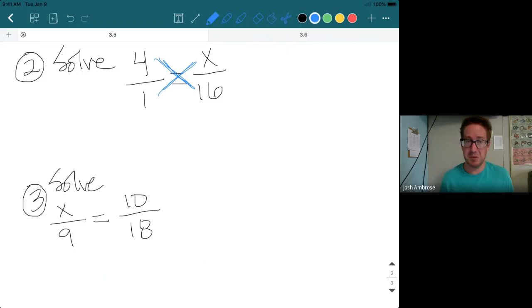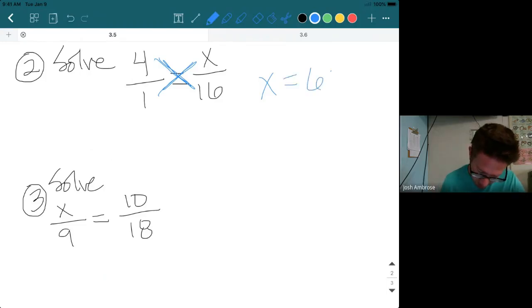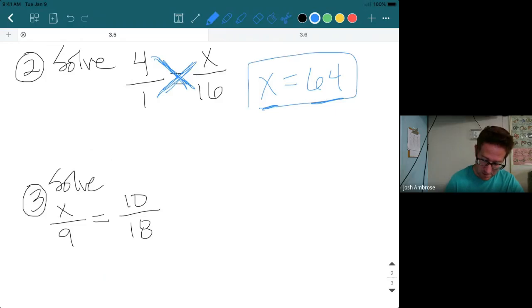It's a great first problem to have, because 1 times x is just x. And what is 4 times 16? Let's see, 4 times 6, and then we bring that over. That's going to be 64. So 1 times x gives you x. 4 times 16 gave us the 64. That's it. There's nothing else here to reduce. So that one is done.